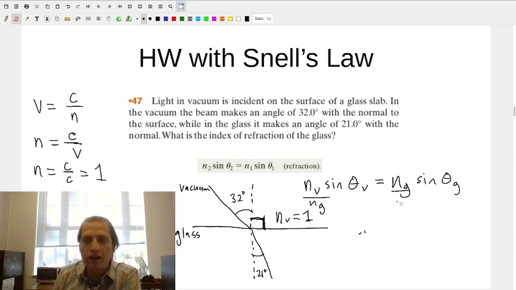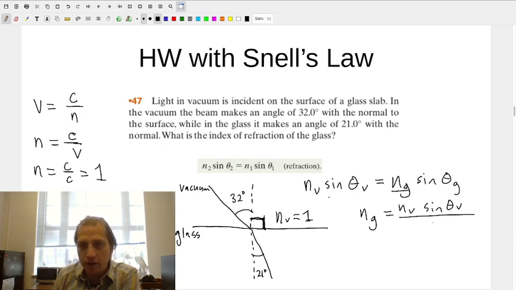We want to find the index of refraction of glass, so all I have to do is find Ng. So that's easy in this case. I will just take n v sine angle v and divide it by sine angle g. And so of course, make sure if you're given equations with degrees in them, you're putting them in your calculator with degrees.